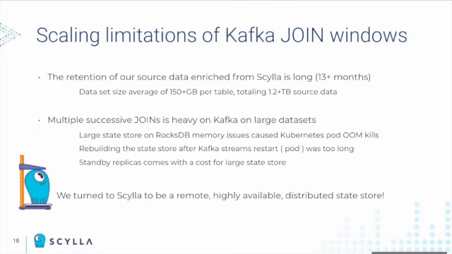We also had to perform successive joins on the different tables, resulting in huge state stores inside our applications. Since we're running on Kubernetes, we faced some out of memory issues and our applications kept restarting and lost their states. Rebuilding our state after an application crash was a nightmare and costly too, due to using standby replicas.